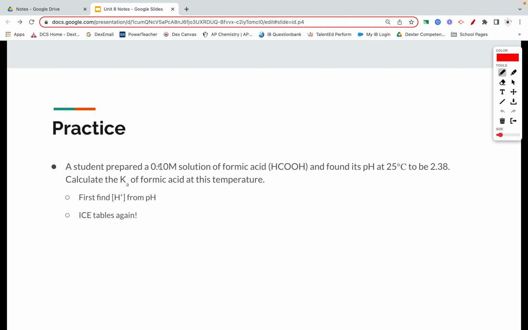So, concentration of our H+. We can find that because we know our pH. Our pH is equal to the negative log of hydronium concentration, or our H+ concentration. Those are interchangeable.